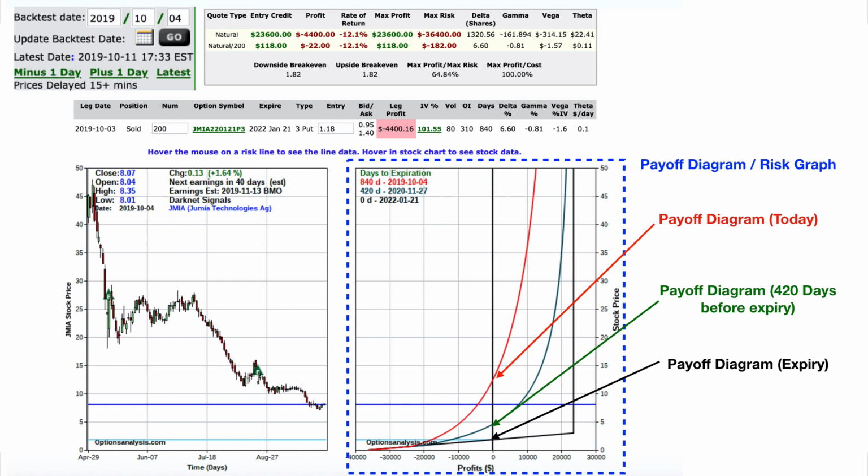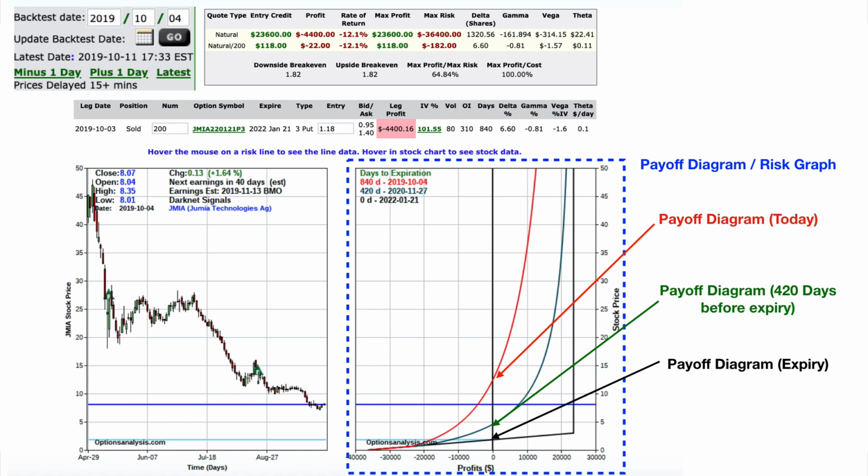On the expiry date, if the stock price stays above $3, then the vertical black line shows the profit, and if the stock price falls below $3, then till the point where the payoff diagram passes through the axis, the trade will be profitable, and below that the trade will lose money. The red line is the payoff diagram as it looks as of today.